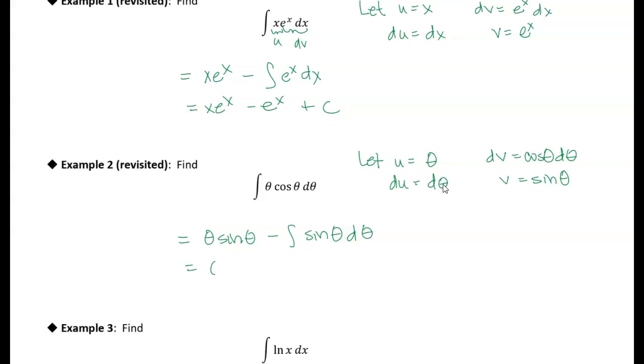That gives us theta sine theta minus a minus cosine theta, because the integral of sine is minus cosine. So we get minus a minus, so it's plus cosine of theta plus c, which is what we got before.